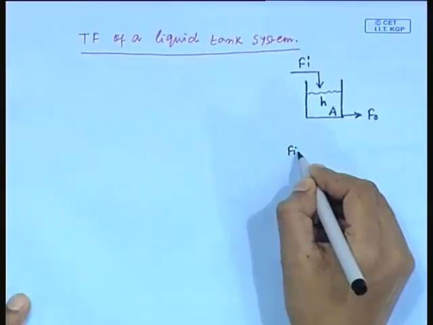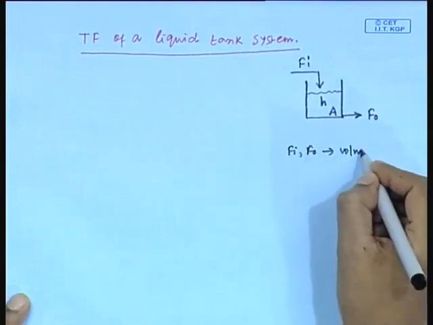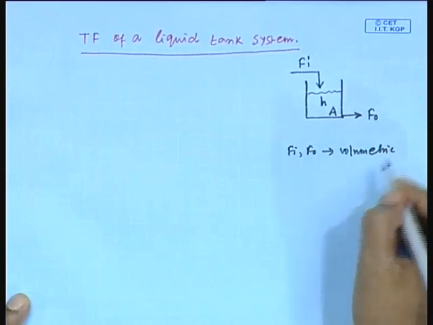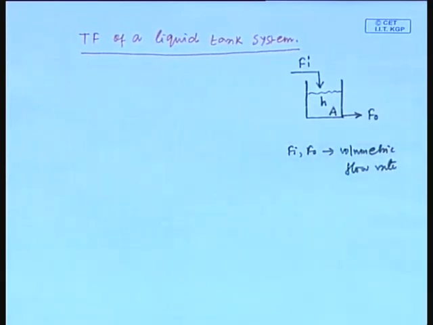F_i and F_o both are volumetric flow rates. I hope we have considered this example previously. Fine. So, we will discuss stepwise.